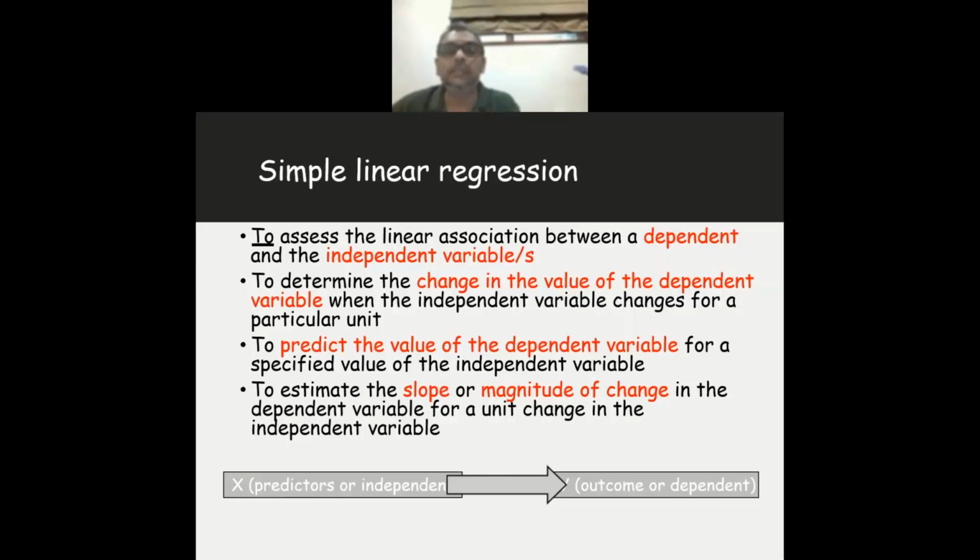That's why, looking at point number 2, it determines the change in the value of the dependent variable when the independent variable changes. Changes meaning what? Going up, going down.